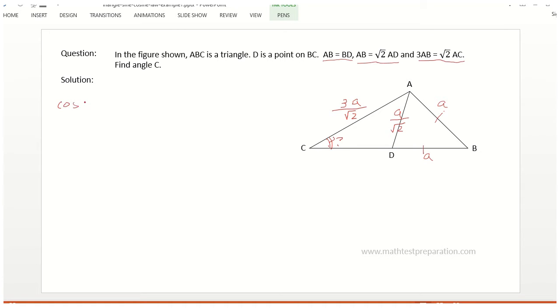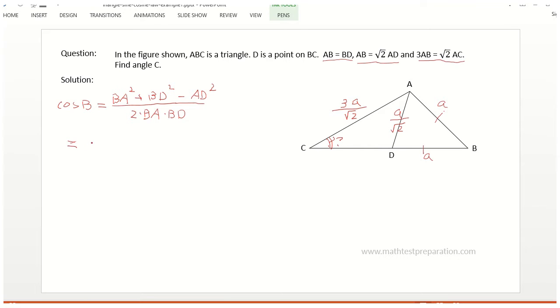Cosine B equals BA square plus BD square, subtract AD square, divided by 2 times BA times BD.